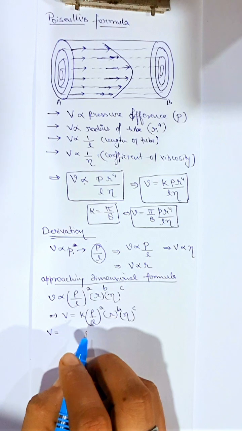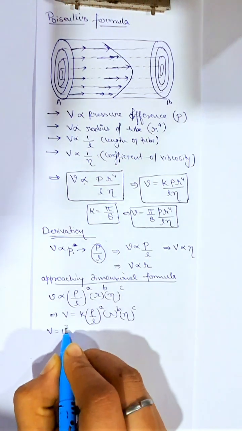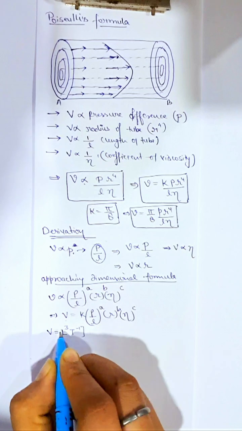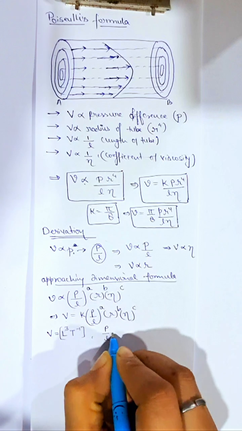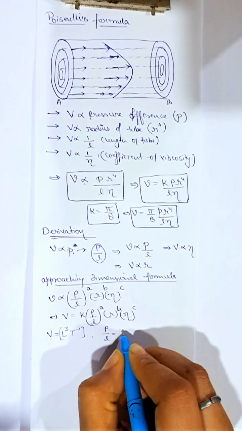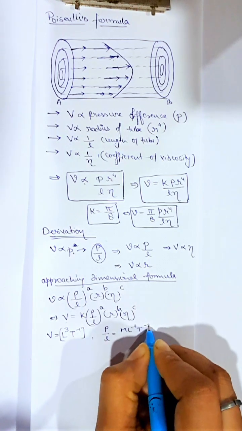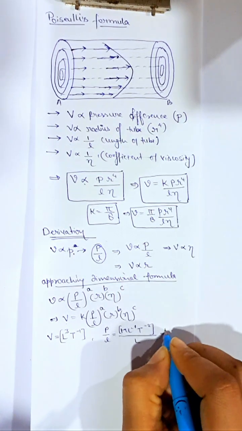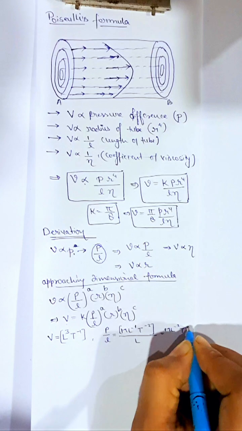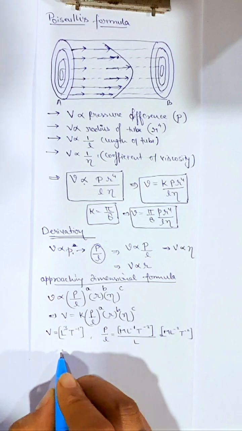So V is equal to K P by L. P is pressure, so ML^-1 T^-2, and L is length.